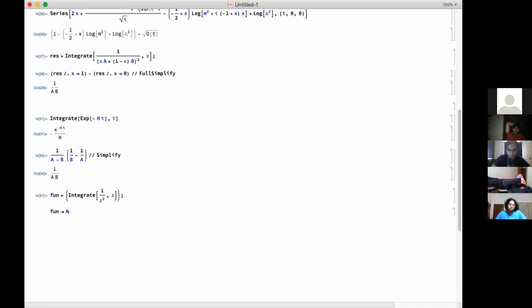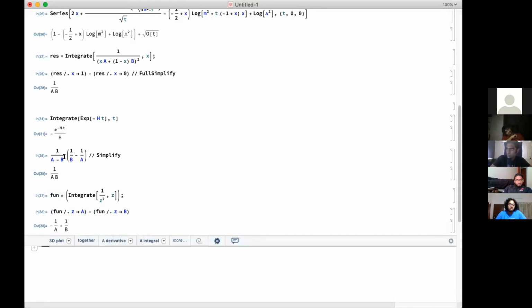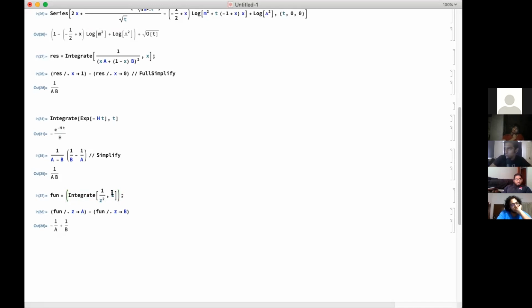Okay, so take this function at z goes to A, subtract the result at z goes to B. So this is 1 over B minus 1 over A, which means that if I took this, let me see if I can be a little bit wizard-like. Never mind. So I'm just going to do this instead.